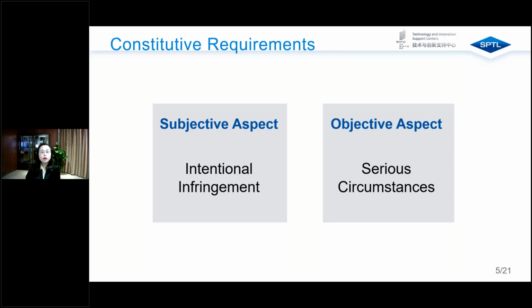From all the typical cases mentioned before, two constitutive requirements are taken into consideration to determine whether punitive damages should be applied or not: from the subjective aspect, whether the act is intentional infringement or not; from the objective aspect, whether the circumstances are serious or not.